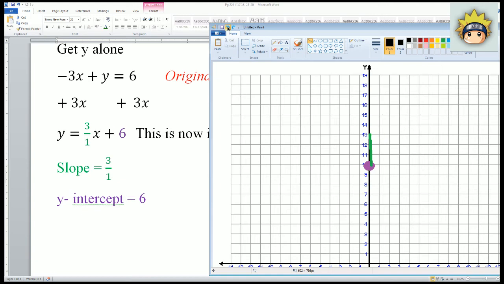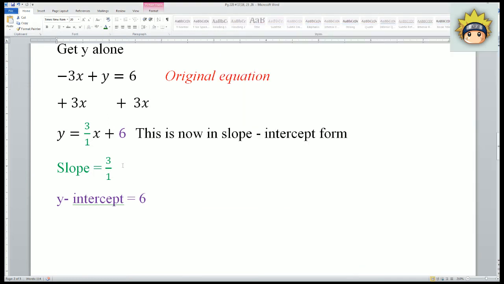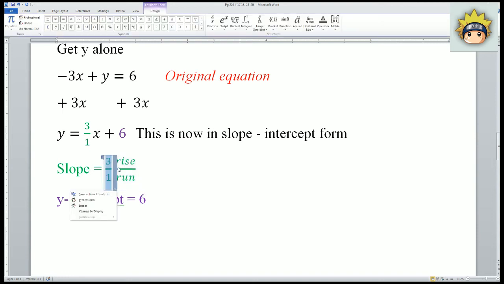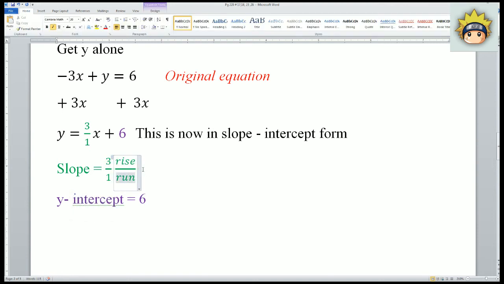Alright, so let's start off at our y-intercept, 6. So I put my dot here at 6, based on what the slope says. Another way for you to look at that is your rise and run.